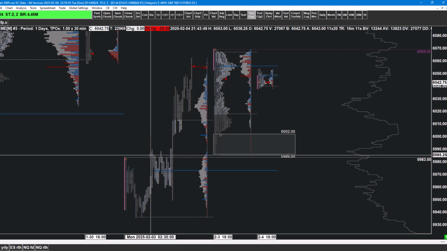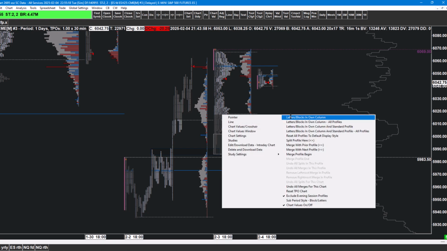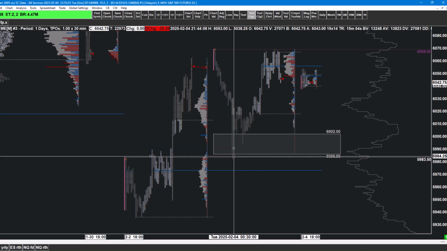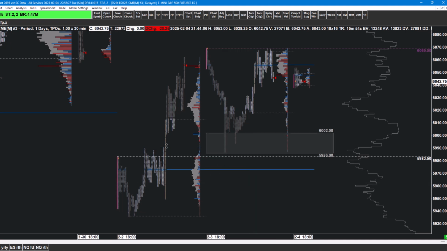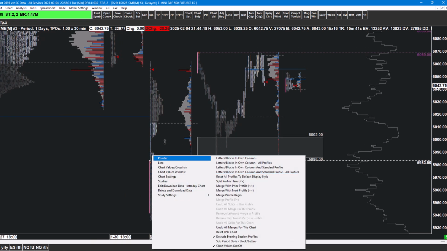So I would be looking at this as my area of support. Single print fill, and then this. And that was actually my level, along with some other things on the footprint that were there. But yeah, that's how you use excess and prints and support and resistance in one.